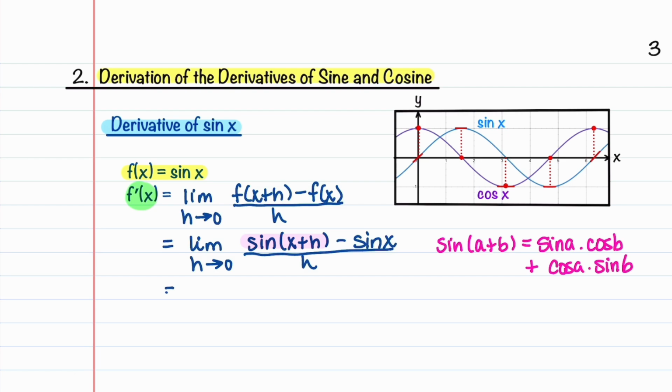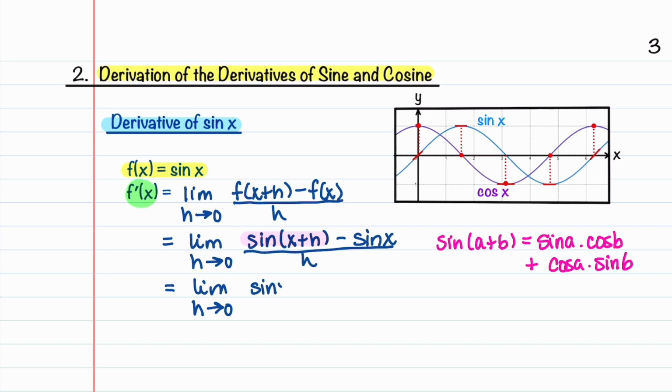Let's now substitute that in. We have the limit as h goes to 0. Sine of x plus h is now sine x cosine h, plus cosine x sine h minus our sine x. And then all of this is divided by h.